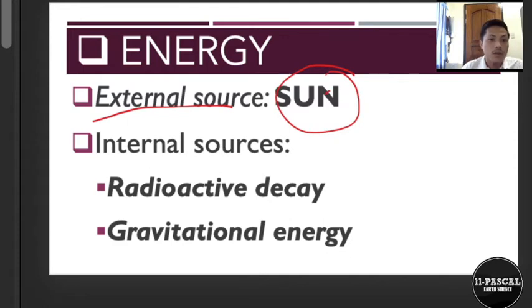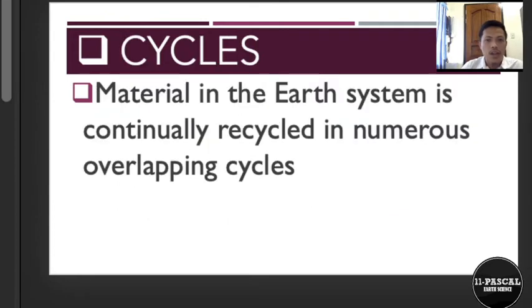We are going to have a separate discussion about these two. In our lesson 1, we made mention of the different cycles, especially when we talked about Goldilocks and the three planets. One of the cycles mentioned is the carbon cycle.